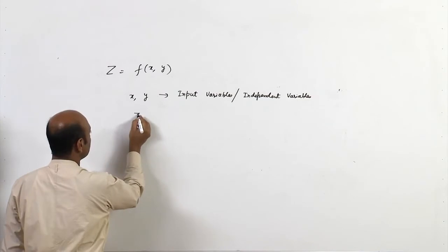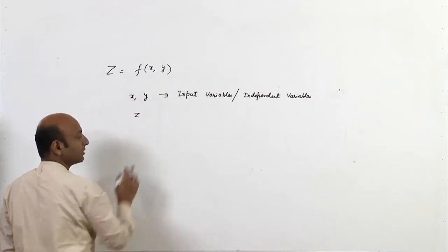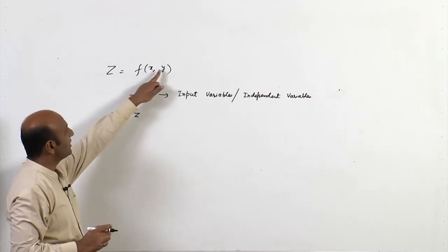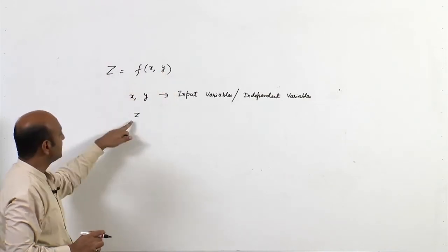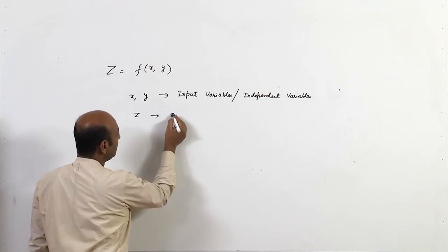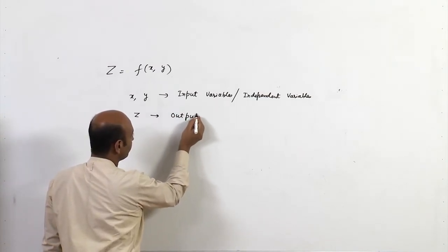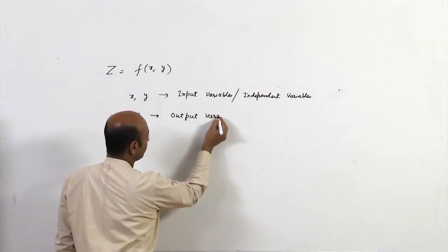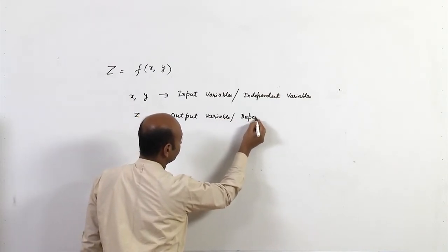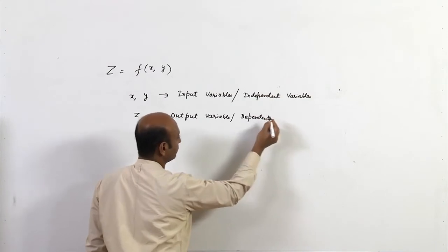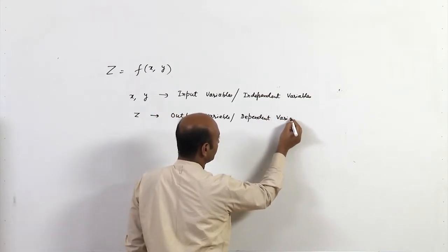And this z which depends on x and y, because if you change the values of x and y the value of z will change, is called the output variable or dependent variable.